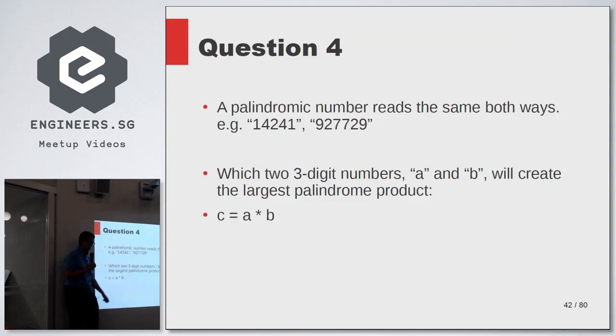A and B do not need to be palindromes, but C needs to be a palindrome. So again, the question asks, what are the 2 numbers A and B that produce the largest C such that C itself is a palindrome?